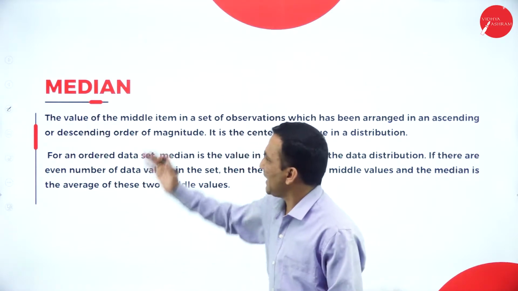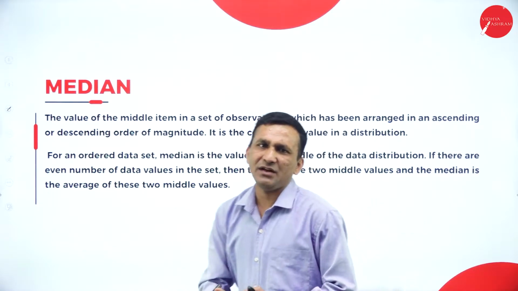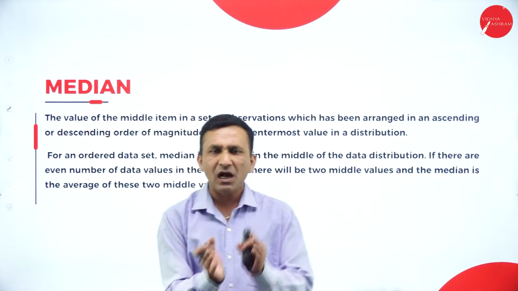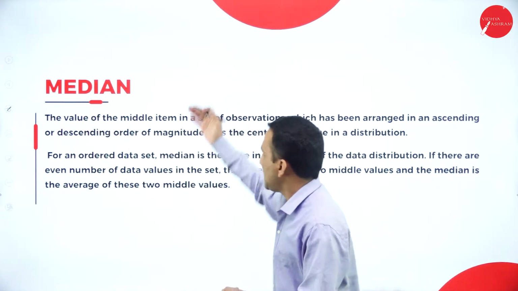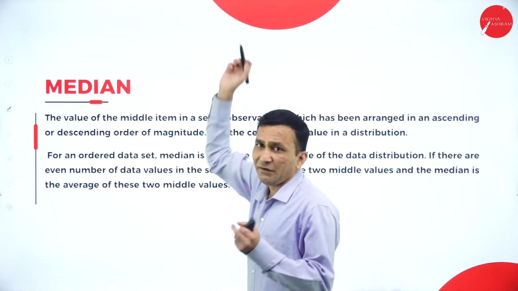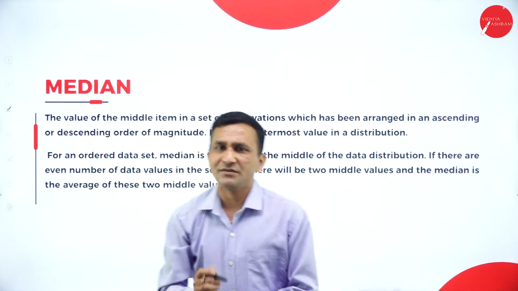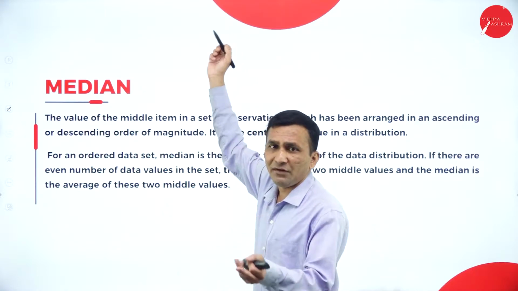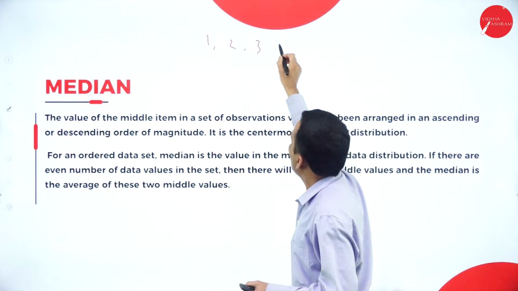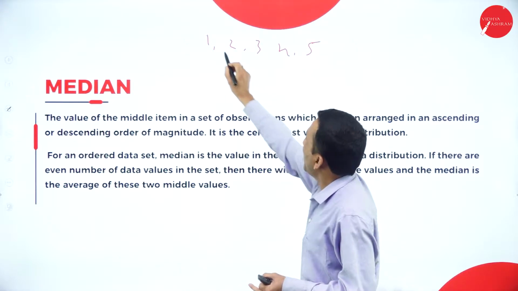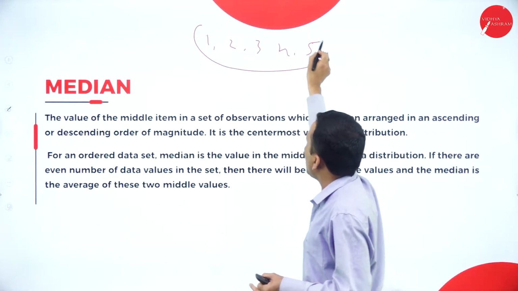The median means the set of data, either if it is given in discrete data or ungrouped data, so we can call it raw data. Suppose even numbers or odd numbers of data are given. For example, 1, 2, 3, 4, 5, which looks like odd number data.